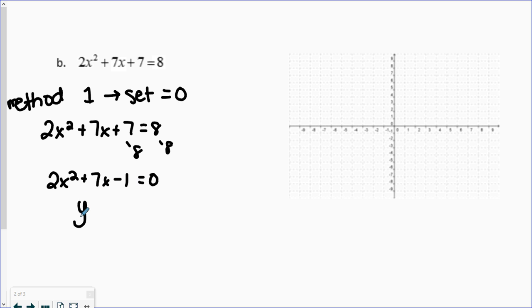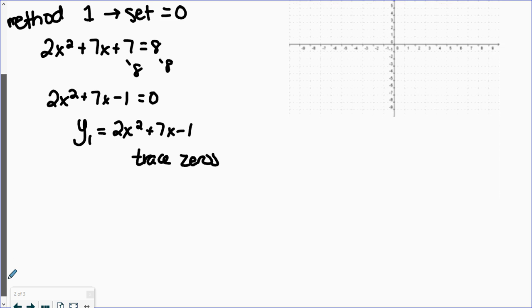And then in your y1, you put in 2x squared plus 7x minus 1, and you're going to trace zeros. Hopefully that makes sense and you remember the graph that I drew for that.